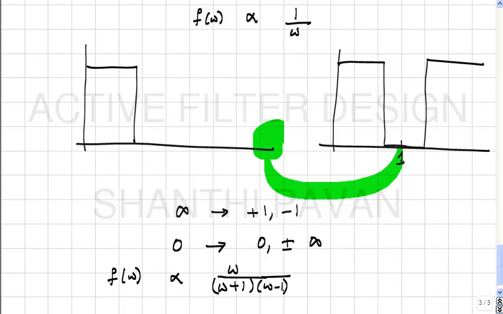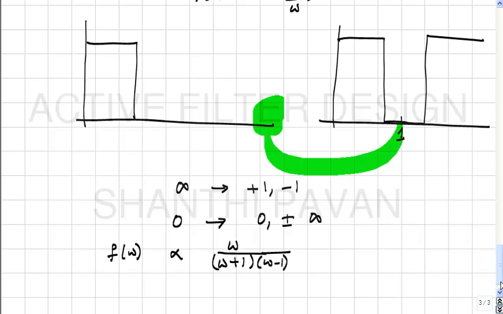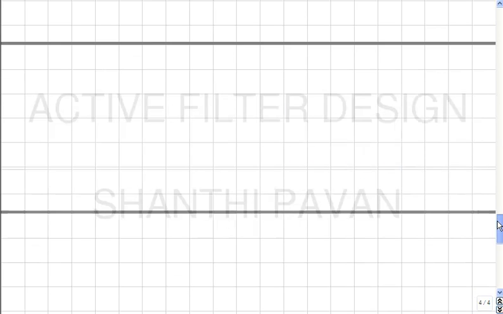Okay. So let me quickly digress a little bit, since the study of f of omega, the properties of f of omega, is nothing but the study of the properties of the driving point impedance or admittance of a lossless LC network. We might as well figure out the properties of lossless LC impedances.